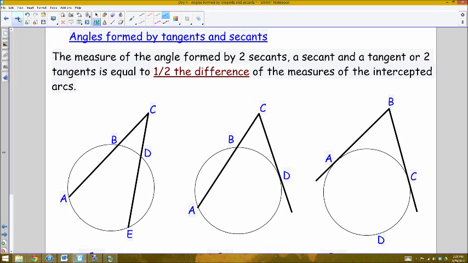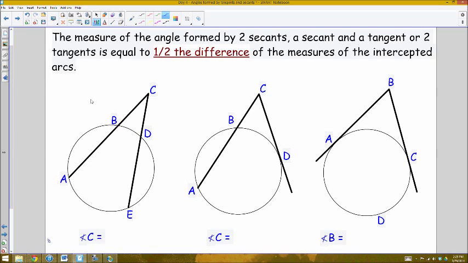Well, we can also look at angles which are formed by tangents and secants. Now, it turns out that angles formed by tangents and secants are 1/2 the difference of the two arcs which they intercept. Well, there are three situations that describe this theorem. The first is when I have two secant lines, which are lines that pass through the circle.